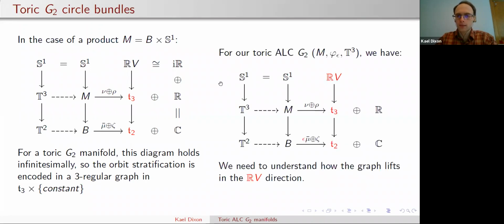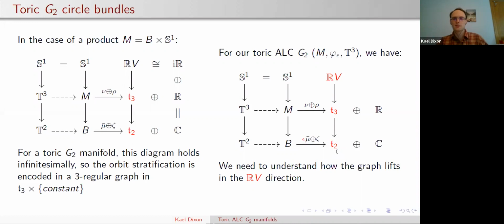So then we can draw a similar diagram for our circle bundle, the construction that we do, the ALC guy. And we get most of the same picture, but we don't have the nice relationship between the scalar parts. But we still do get a nice projection from the three-dimensional image onto the PQ web for the Calabi-Yau guy downstairs.